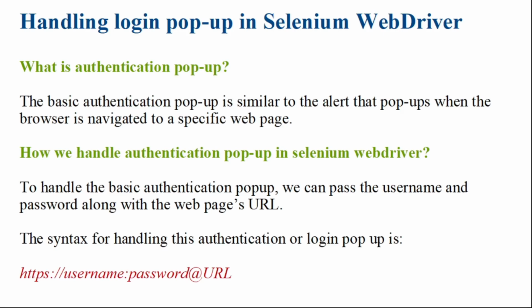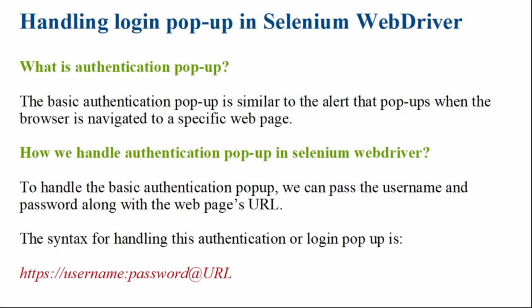Now this is basically the authentication pop-up. How do we handle the authentication pop-up in Selenium? Basically in Selenium it is very easy. To provide the URL, what do you use? The driver.get command, and in it you provide the URL.